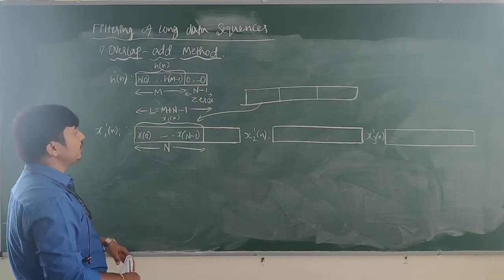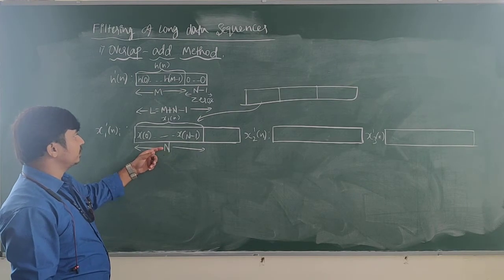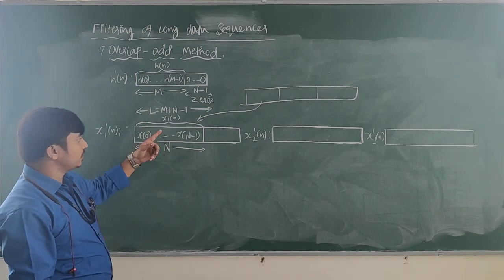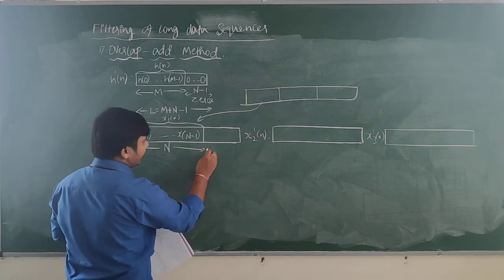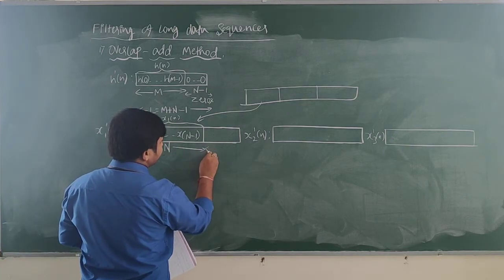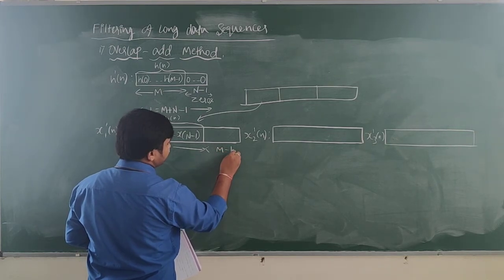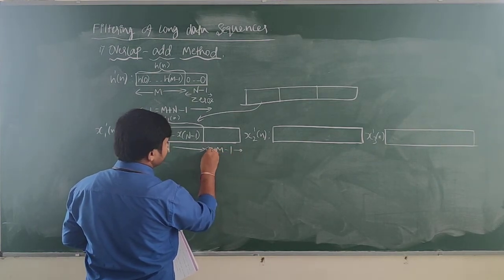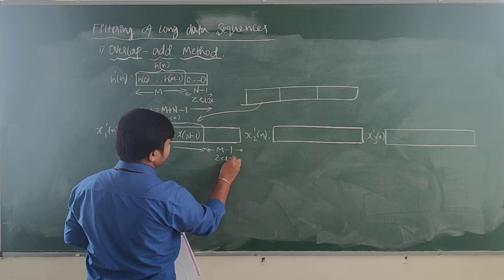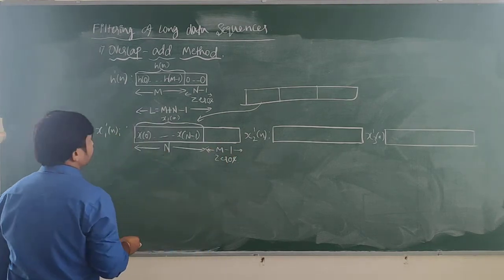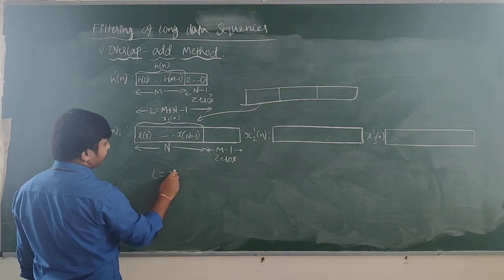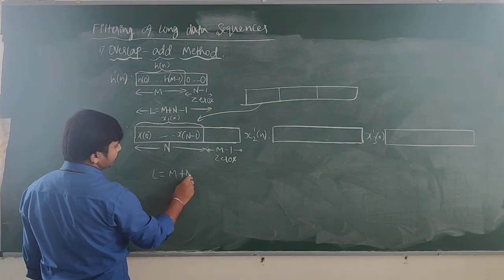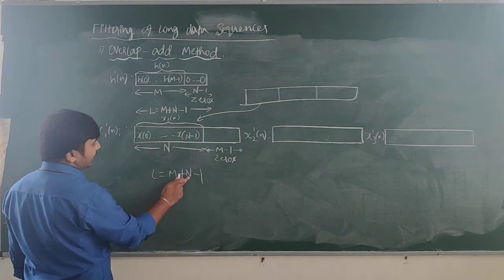Again, to make this length equal to L, here also I need to add some zeros. How many zeros do I need to add? I need to add m minus 1 zeros. Because the equation we have is L equal to m plus n minus 1, and I already have n.